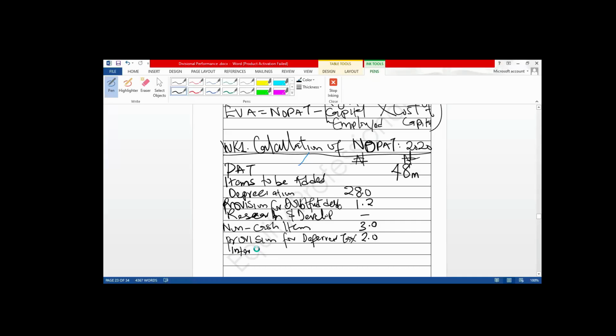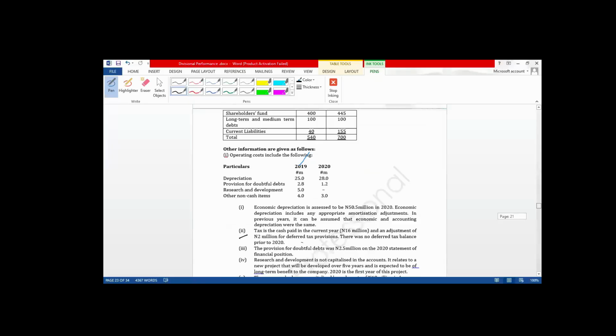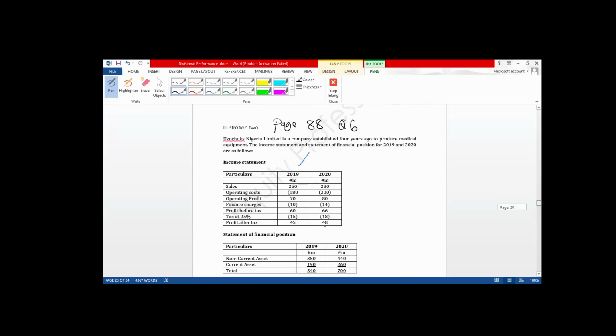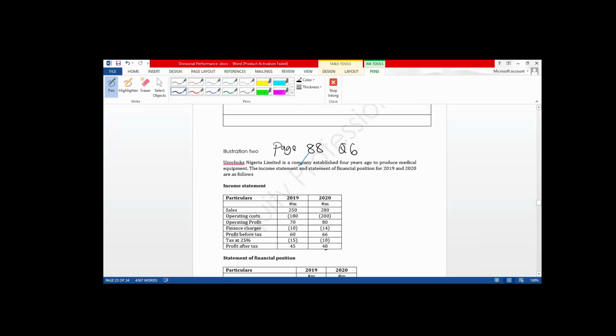Interest paid, net of tax. Let's go to the income statement. The income statement for 2020. Please look at this. Finance charge.